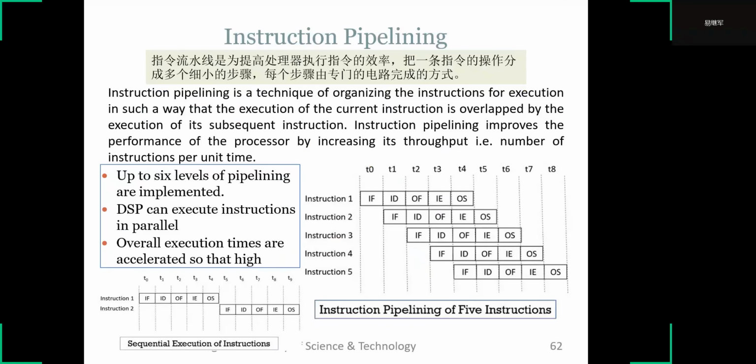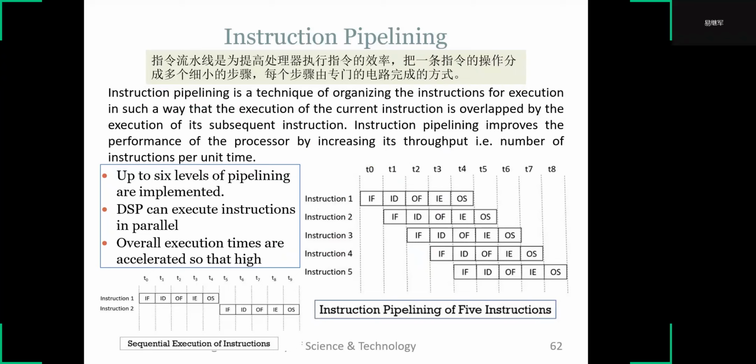Its features are instruction pipeline. Instruction pipeline is a technique of organizing the instructions for execution in such a way that execution of the current instruction is overlapped by the execution of its subsequent instruction.